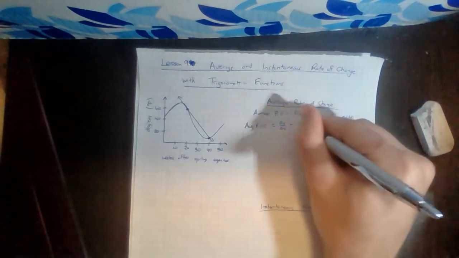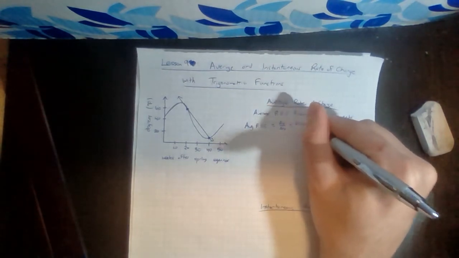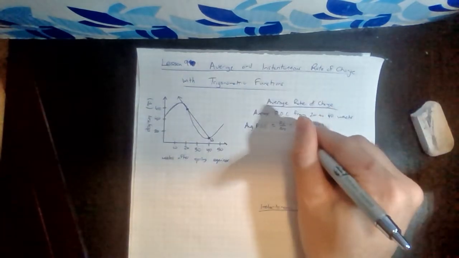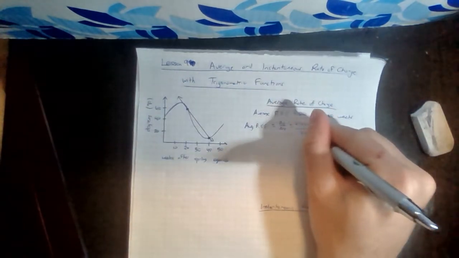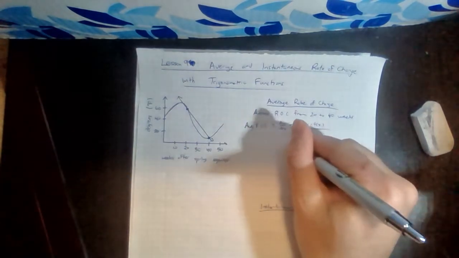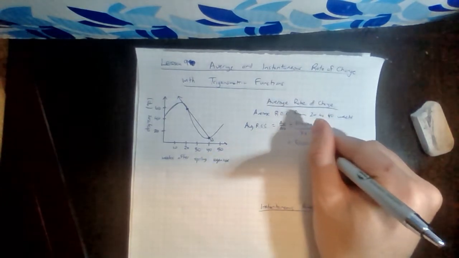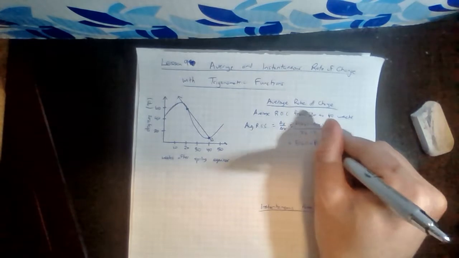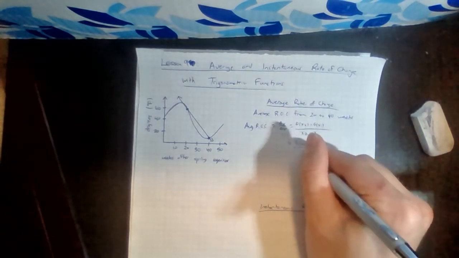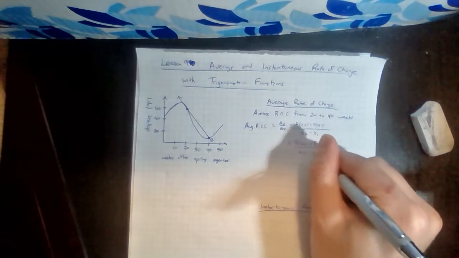So our change in y, we're seeing how our function value is changing between these 2 points over the difference between these 2 points. So our x2 is 40, our x1 is 20. So what is f of 40 minus f of 20 over 40 minus 20?